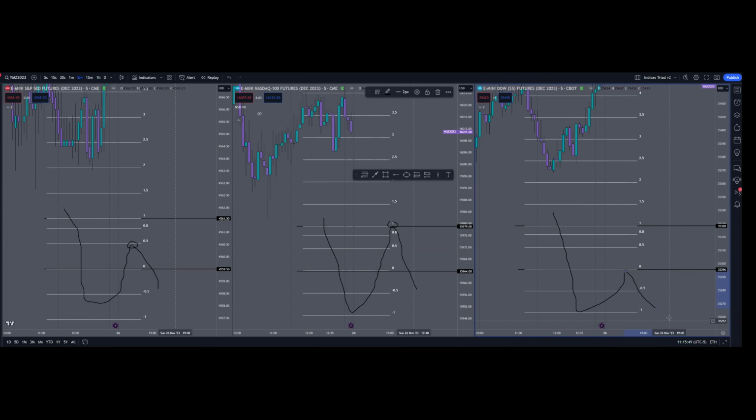Another idea is that when all three, so this is my favorite scenario. Let's see. Sometimes you'll see that all three come to around the same area.